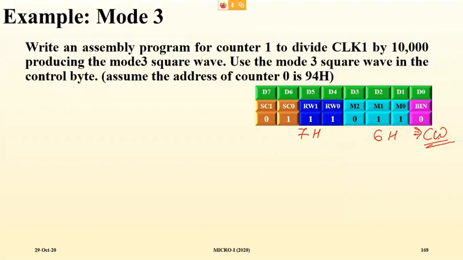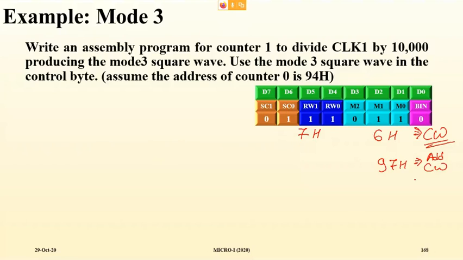Done. So now you know the control word, you know the control word's address. Counter 0 is 94, counter 1 is 95, counter 2 is 96, and 97 is the control word register's address. So the address of the control word is 97H. Done.